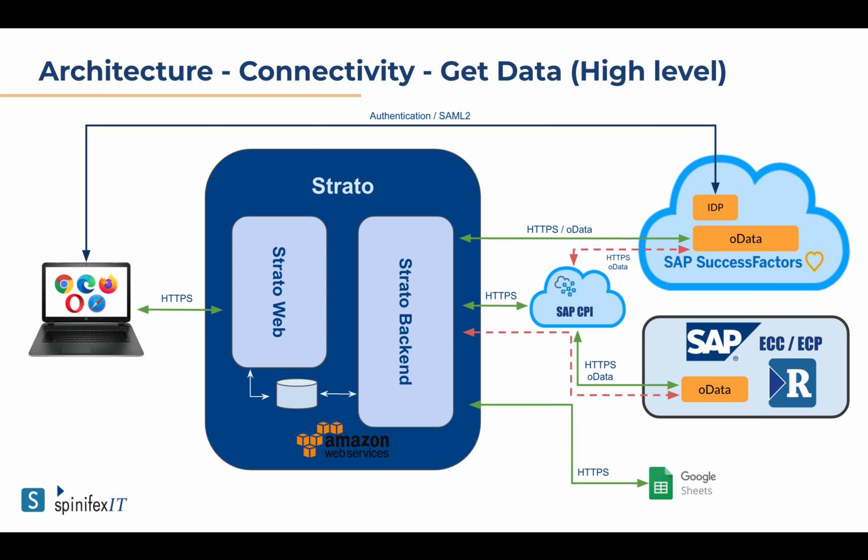Because we don't go through a middleware, we can get the data directly, and if there is an error getting data, for example an authorization error or server error from SuccessFactors, Strato can detect it because Strato gets the information directly from SuccessFactors.